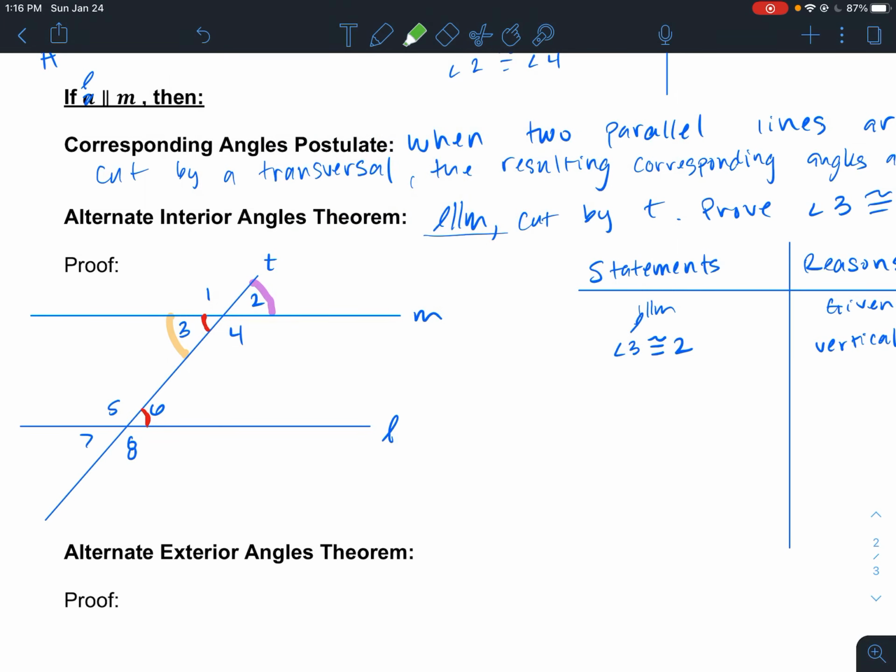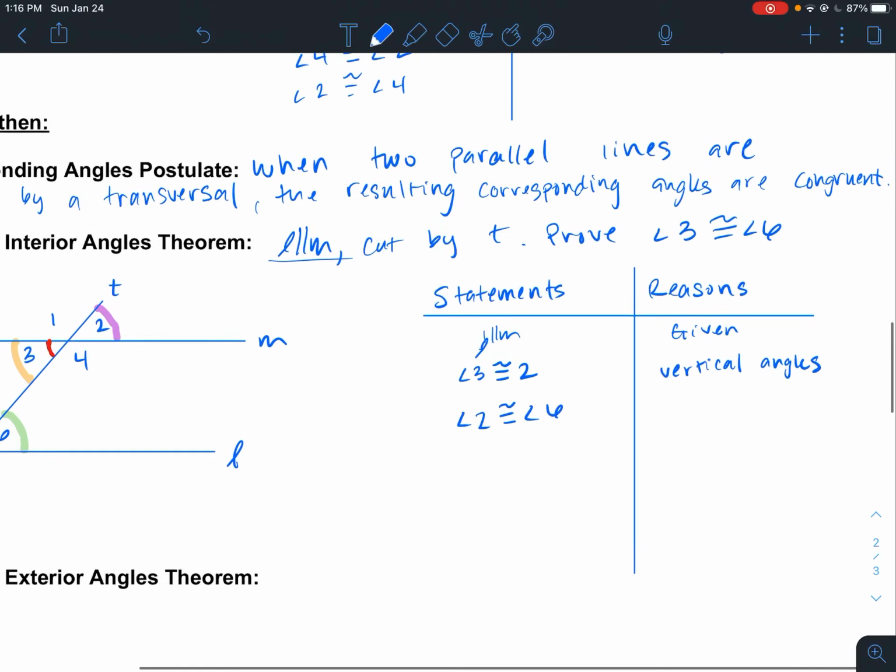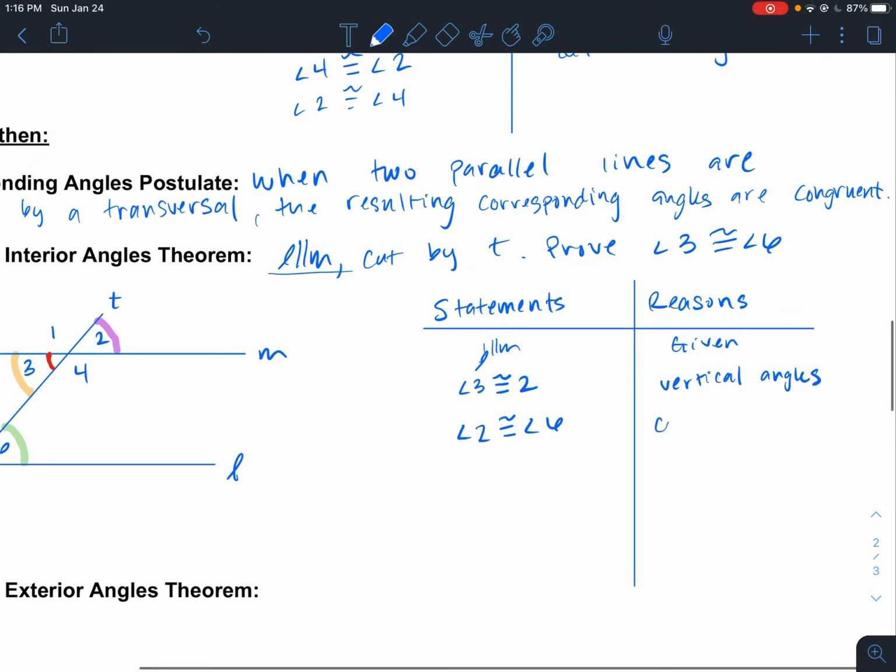That's the definition of a corresponding angle. So angle 2 and angle 6 are corresponding. And from the postulate that we had before, we know that angle 2 is congruent with angle 6, and that's from the corresponding angles postulate.